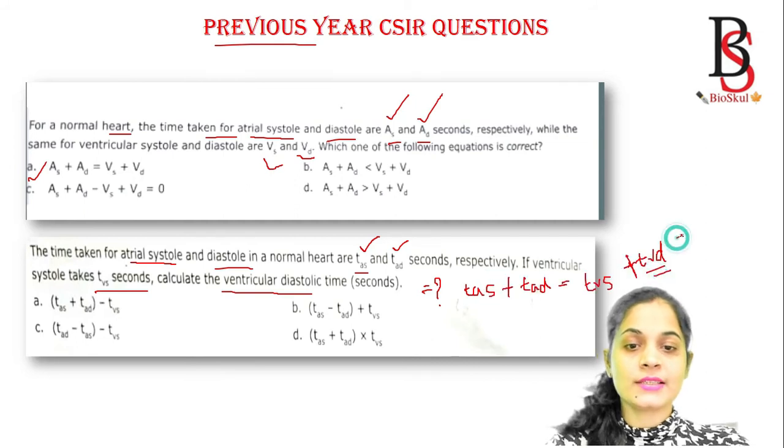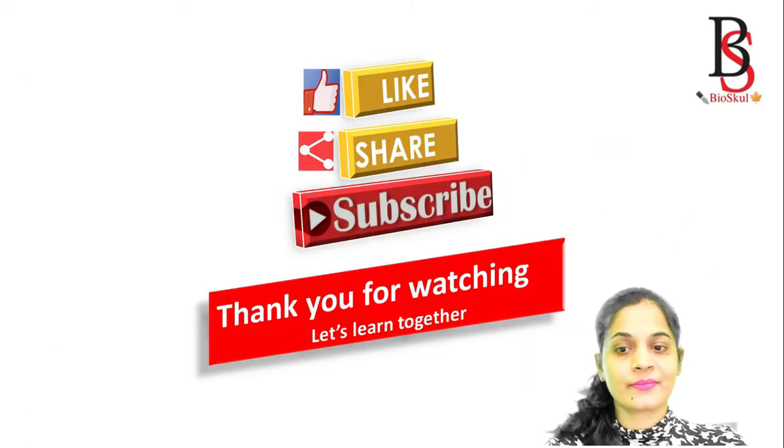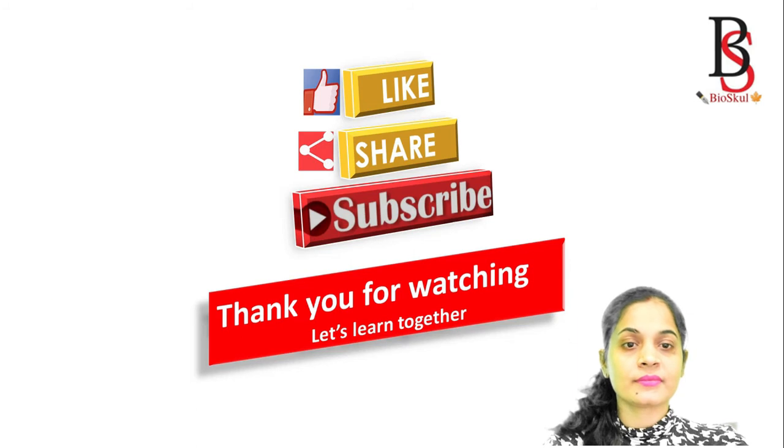The question is asking about ventricular diastolic time, that is TVD. So what will be the value of TVD? TVD is TAS plus TAD minus TVS, right? So the correct answer is option A, TAS plus TAD minus TVS.